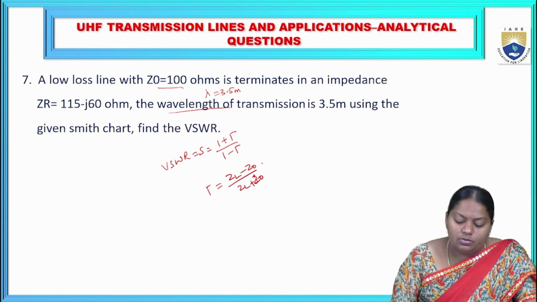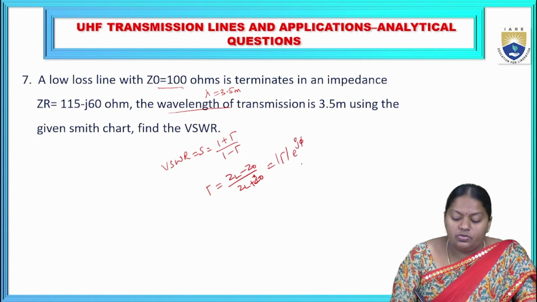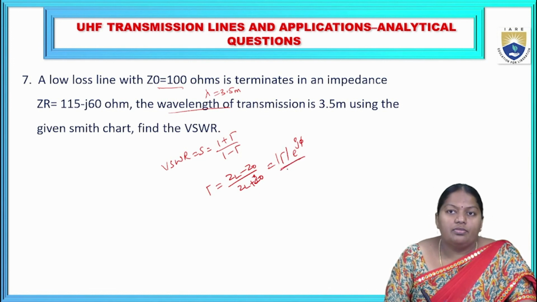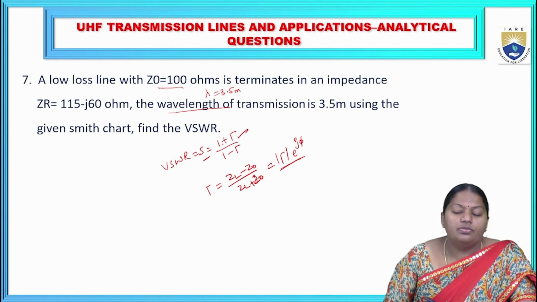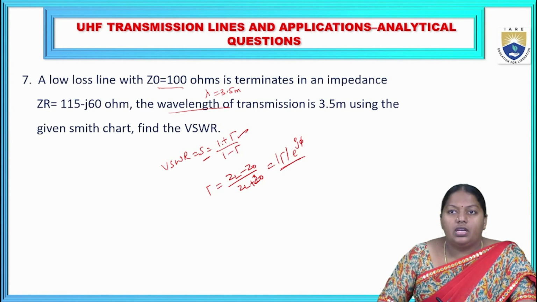Now simplify, substitute over here and get the value. Then gamma is modulus of gamma into e power j theta. Magnitude as well as the phase need to be obtained upon converting the rectangular form into polar form. And this magnitude value needs to be substituted over here to get the value of voltage standing wave ratio.